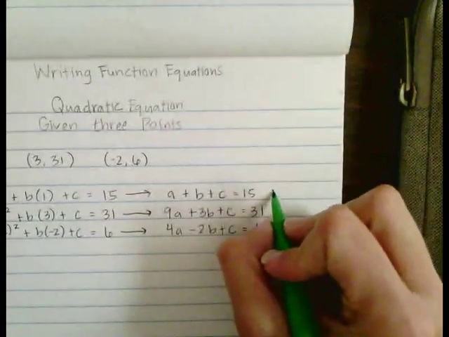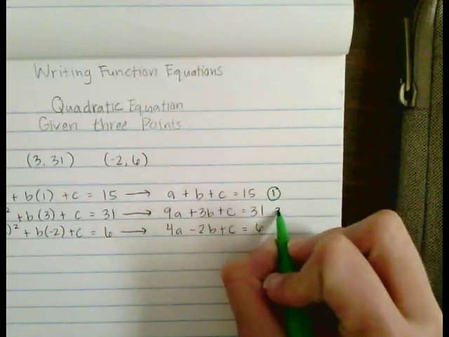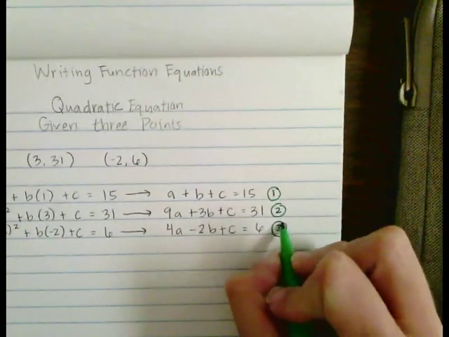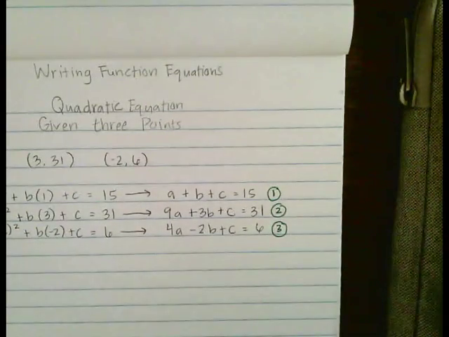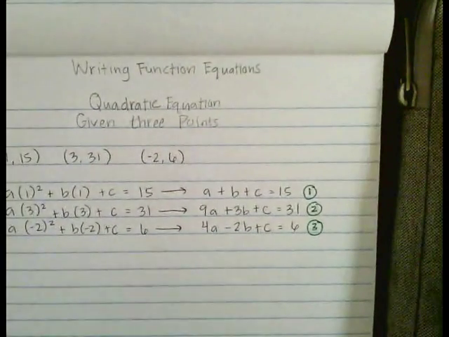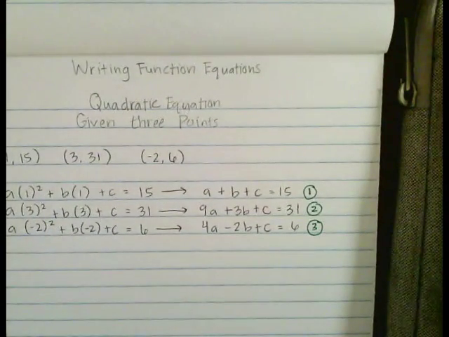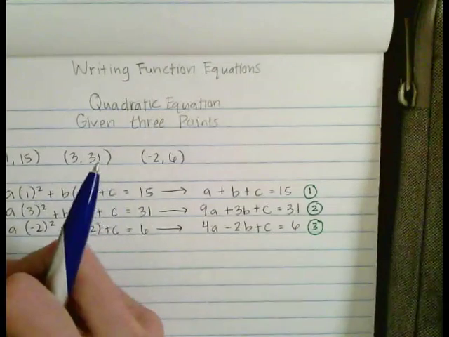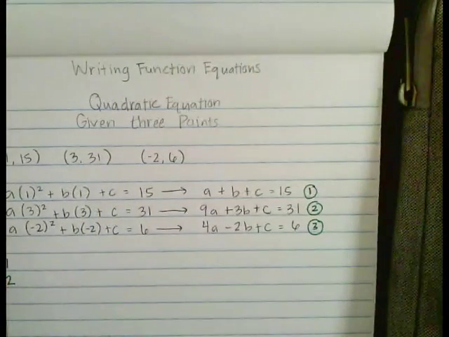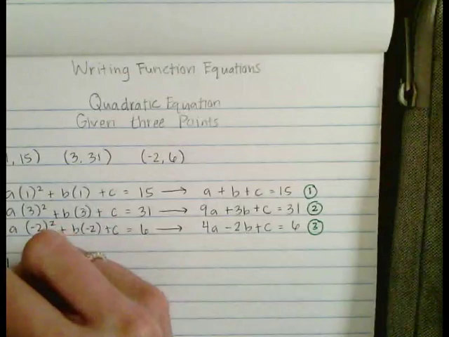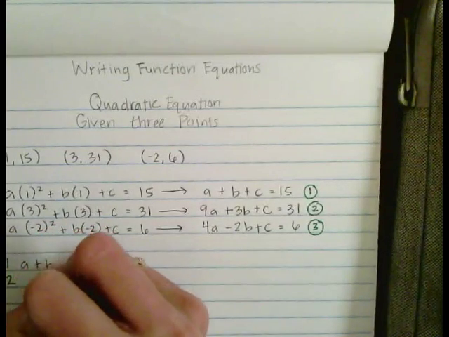I'm going to label these like I did before, equations 1, 2, and 3. Now the first thing you're going to do is create that 4th equation. You're going to use equations 1 and 2 to make a 4th one.